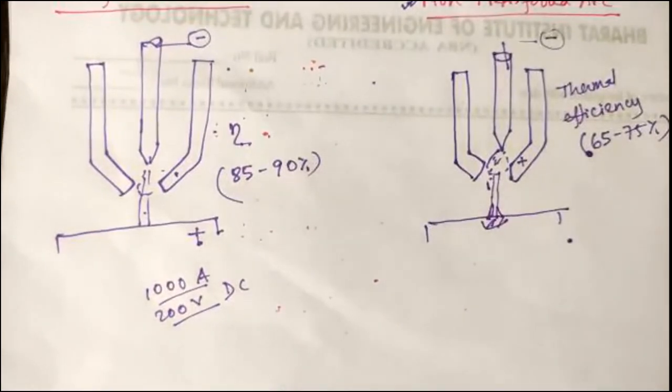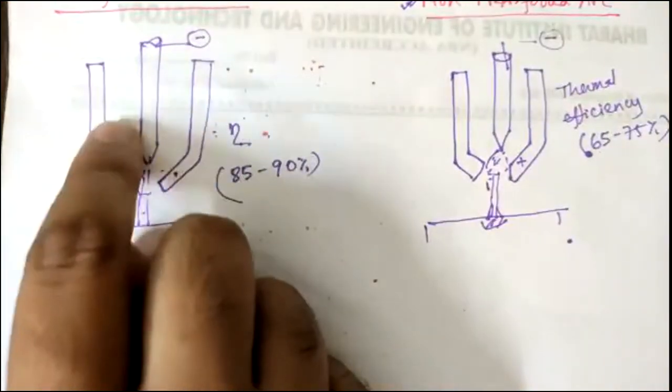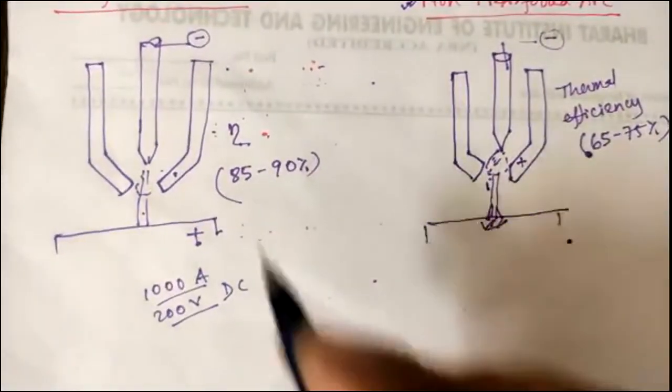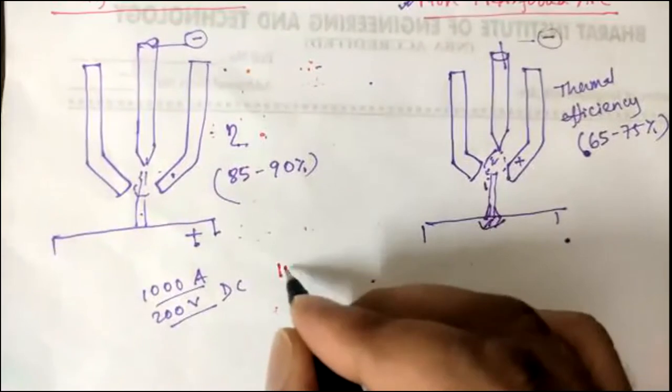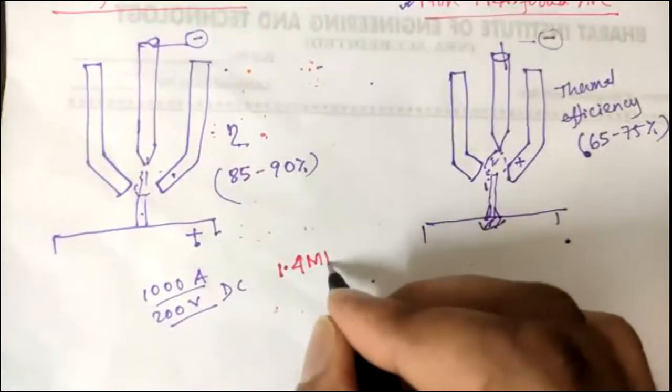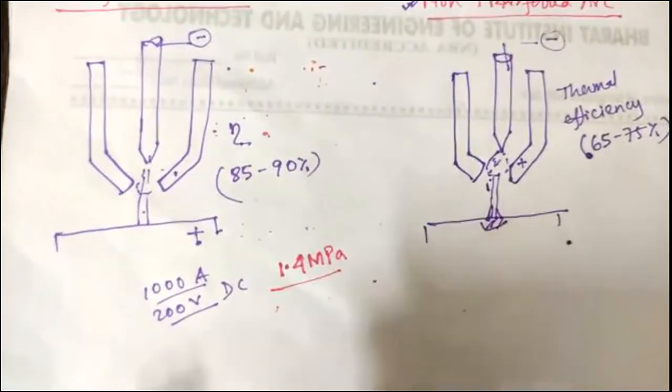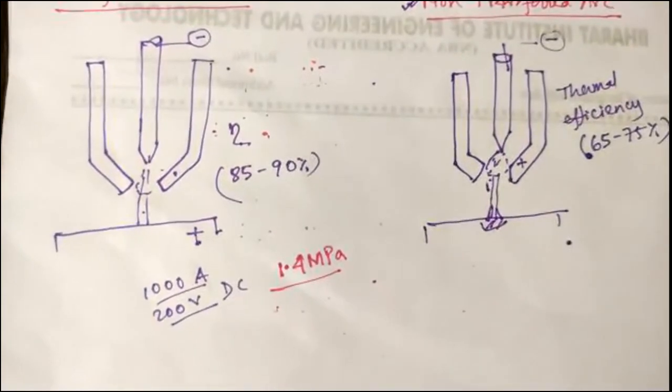And the gas pressure also matters. What will be the pressure through which we have to insert the gas, that means plasma gas? That will be somewhere around 1.4 MPa, megapascal, which will result in a plasma velocity of several hundred meters per second.